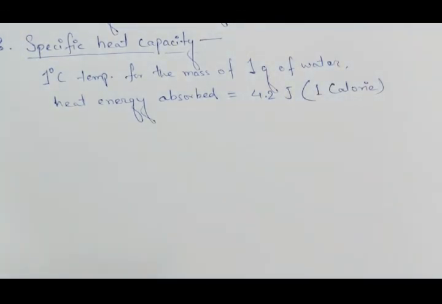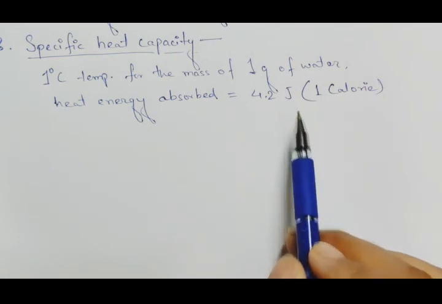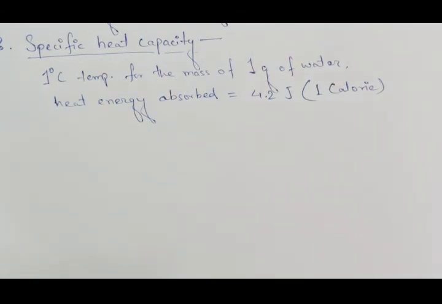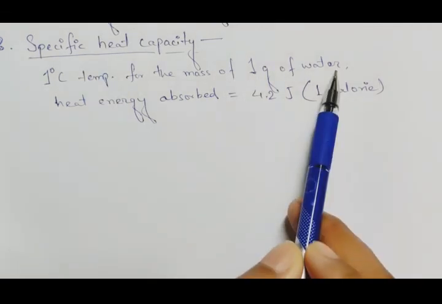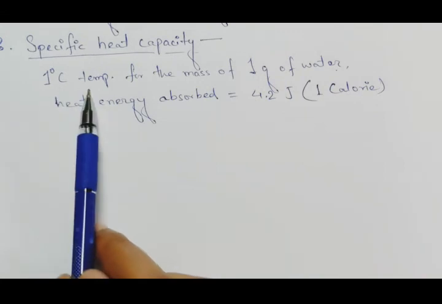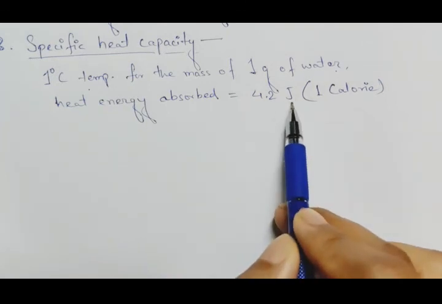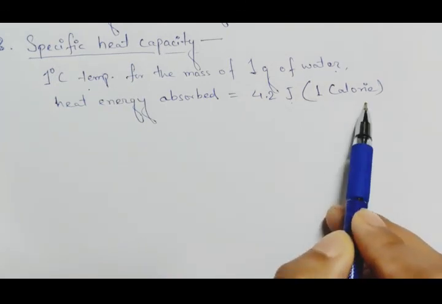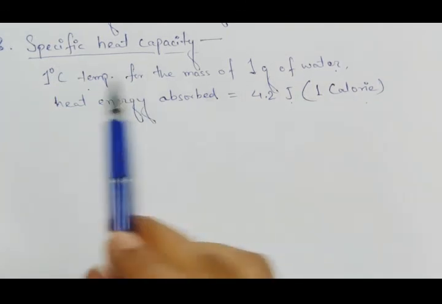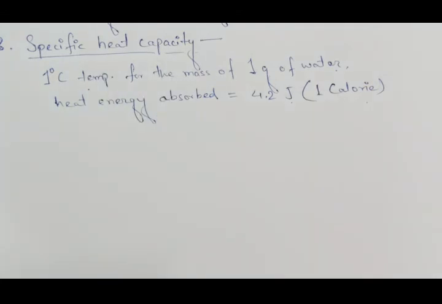This value is the specific heat capacity of water. This is a fixed, constant value: for 1 gram of water, for 1 degree rise in temperature, the energy absorbed is 4.2 joules, that is 1 calorie. Clear? This is called the specific heat capacity of water.